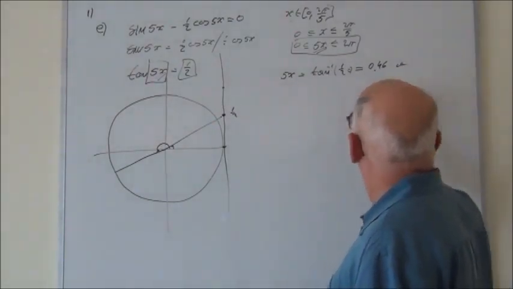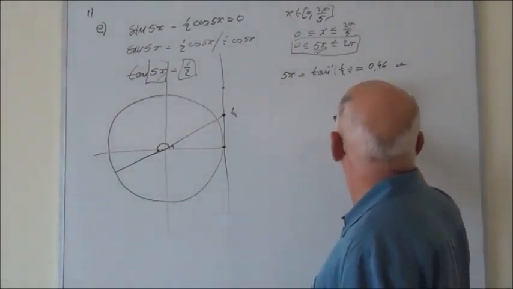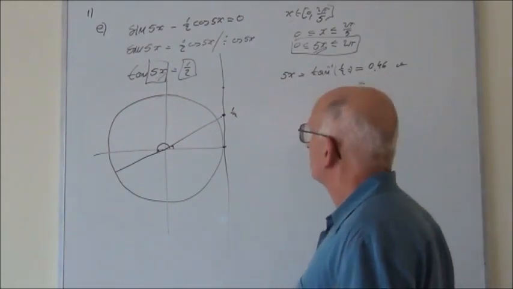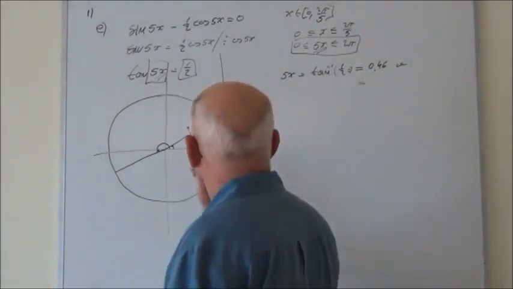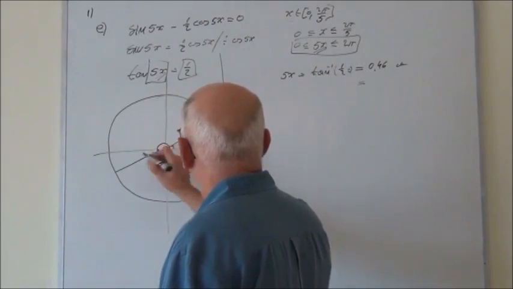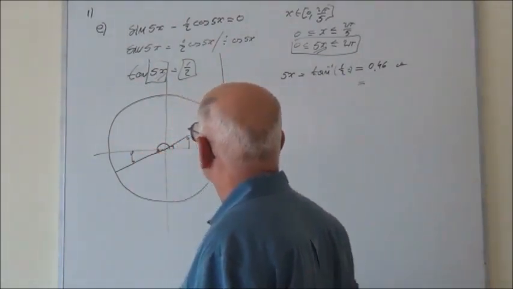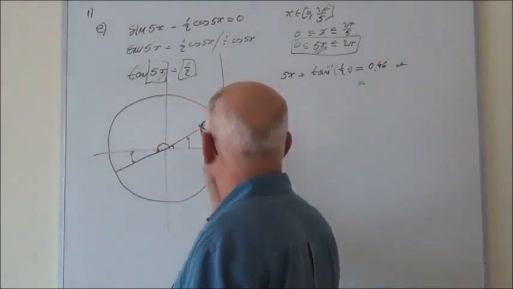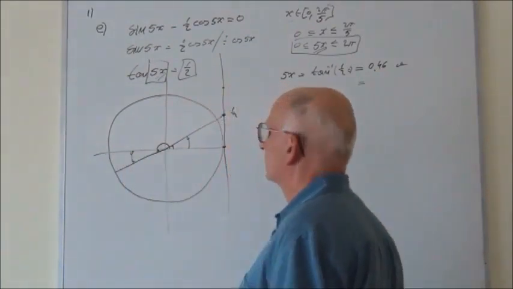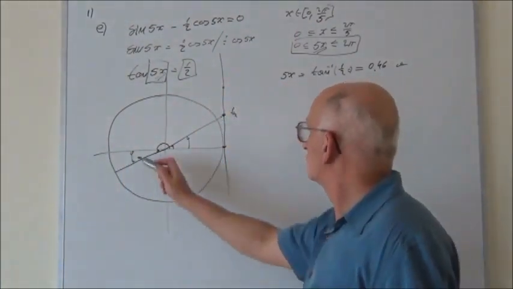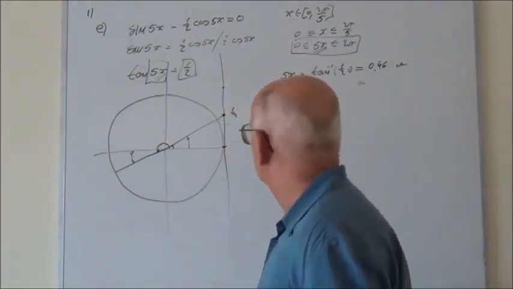And another solution for 5x will be this angle here, but this angle and that angle are the same, because one line crossing another line makes those two angles the same in geometry.